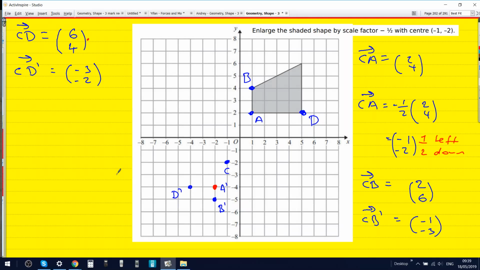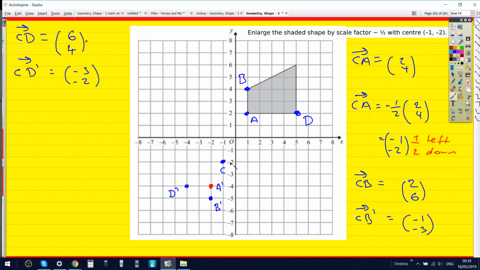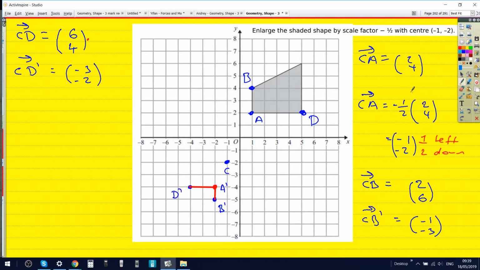And then am I allowed to just plot all the points now? So you could plot those 3. Any idea where the last one would be? Would it be, so minus a half times 4, so -2. So would it be 2 down from D? Yeah.